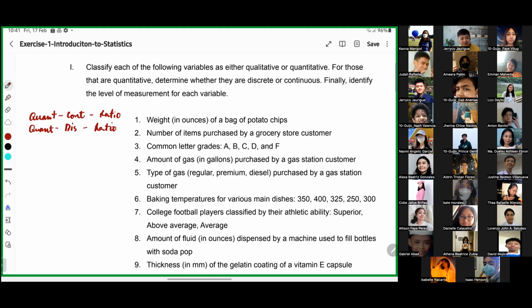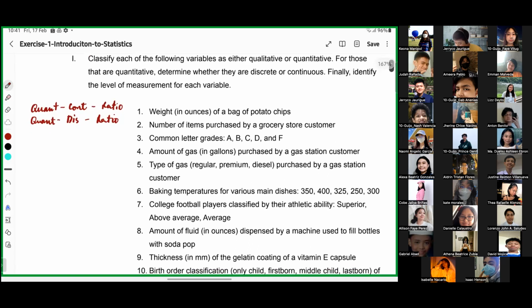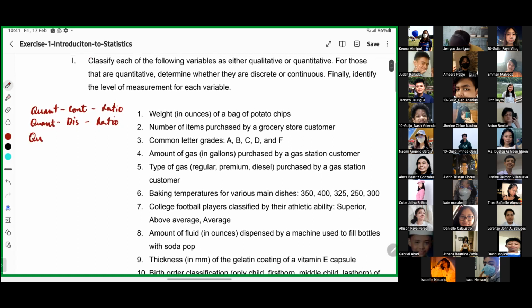Dahil nag-heart naman si Amira naman yung number 3. Yung number 3 po, qualitative po siya, tapos ordinal po. Yeah, very nice. Ordinal. Very well.